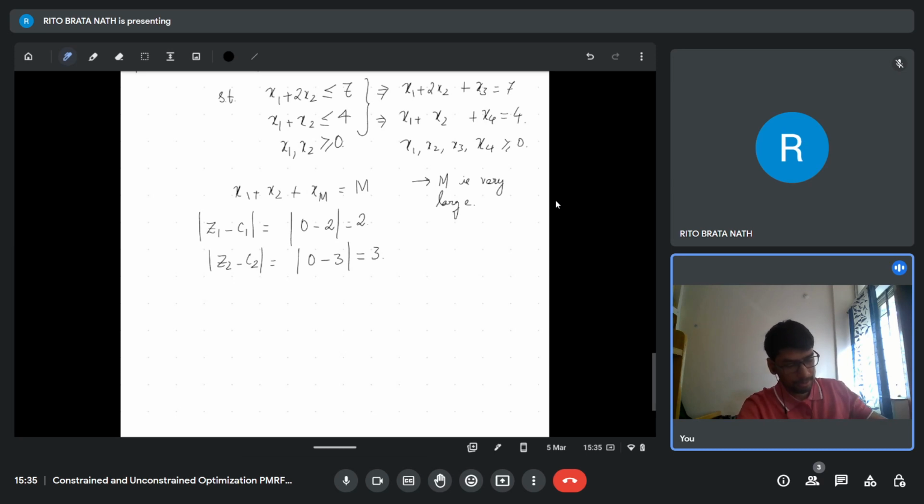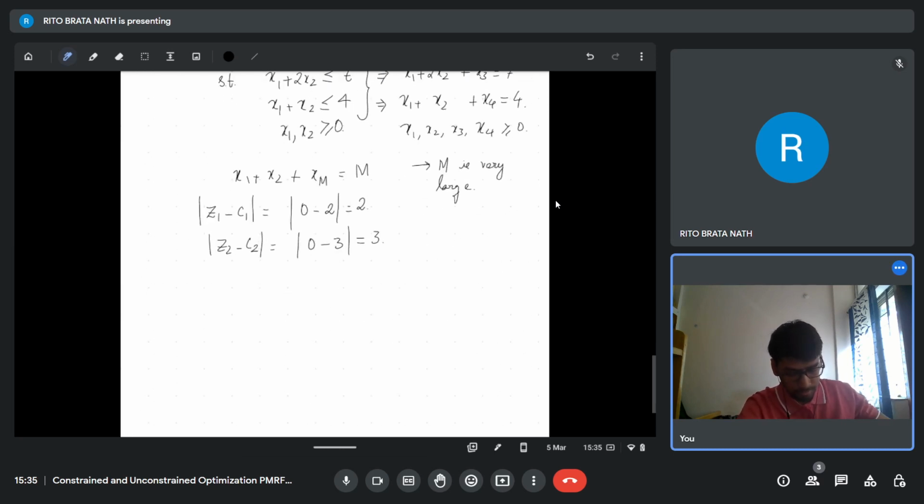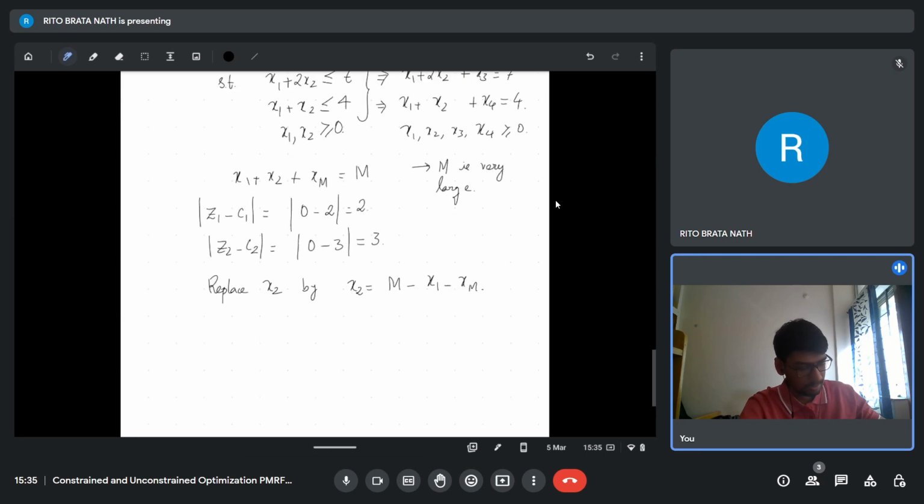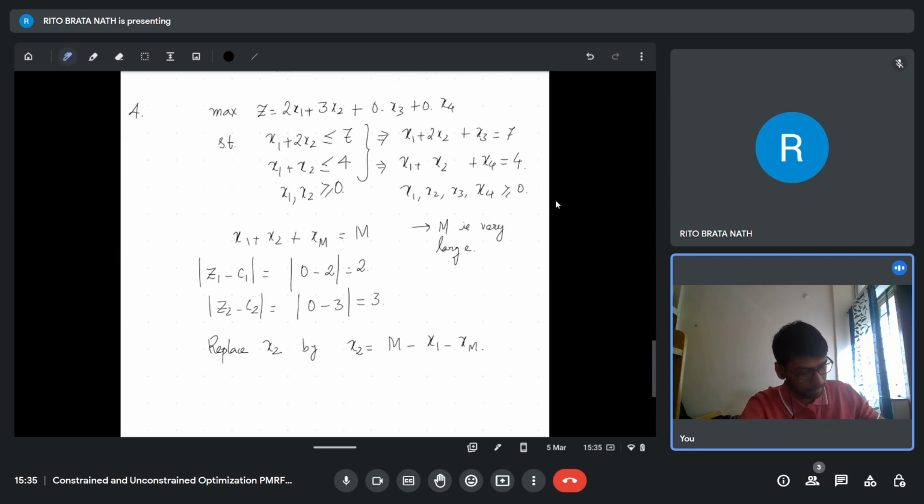So that means that x2 you can replace. So replace x2 by m minus x1 minus xm. Now, if you replace this, you will get the modified problem.